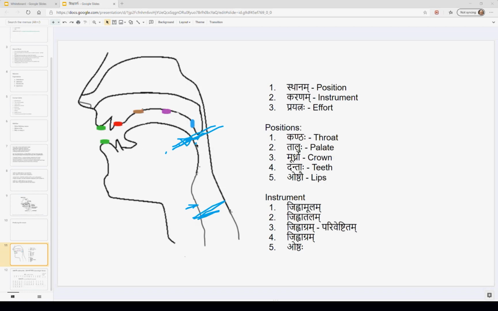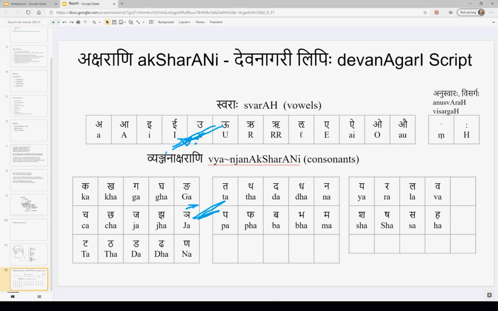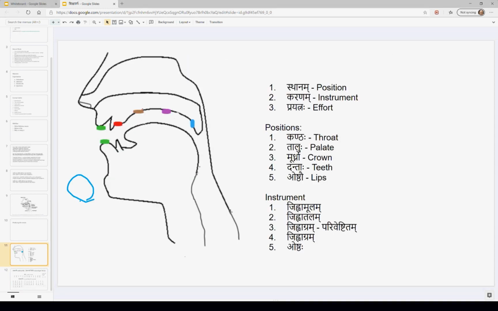We have a sound called ka, whose position is again the throat. Whose position is? Throat. Position means what? Position is where the air is constricted, restricted, pushed back.